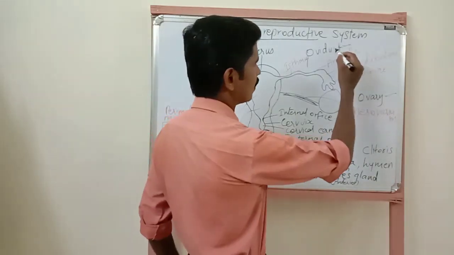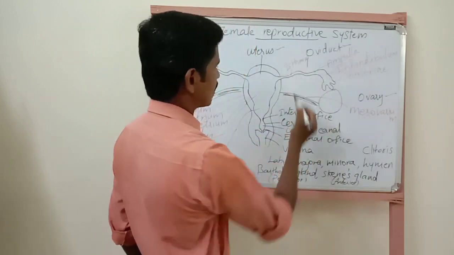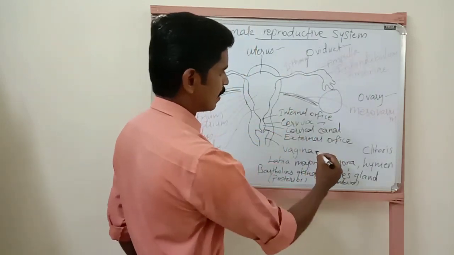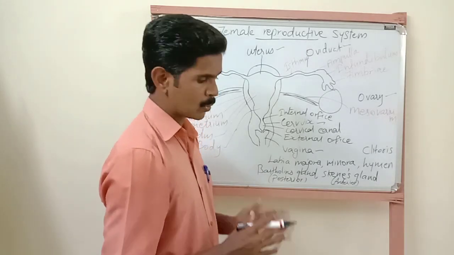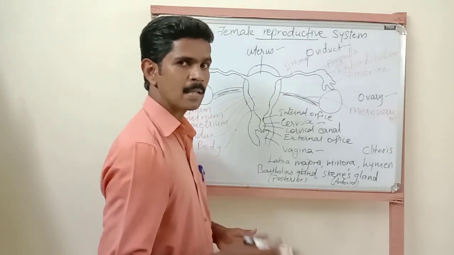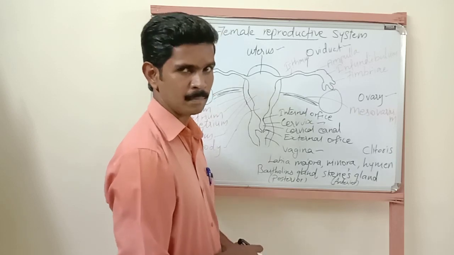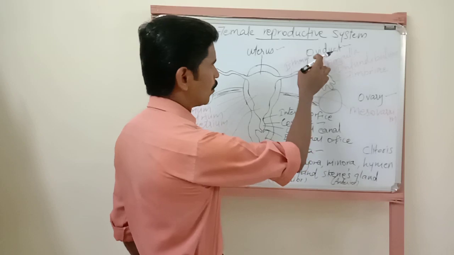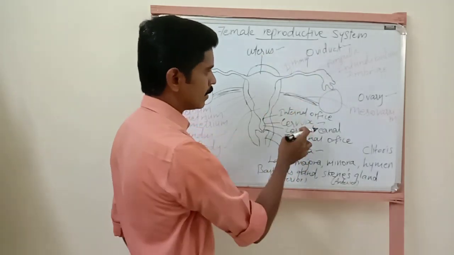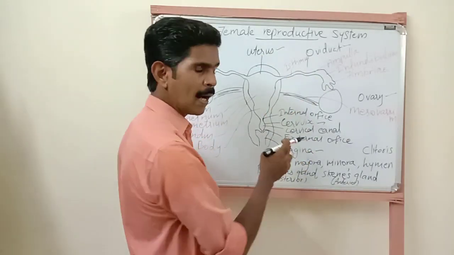Then oviduct, uterus, cervix, vagina and mammary gland. These are the important organs of the female reproductive system. Once again: ovary, oviduct, uterus, then cervix, vagina and mammary gland.